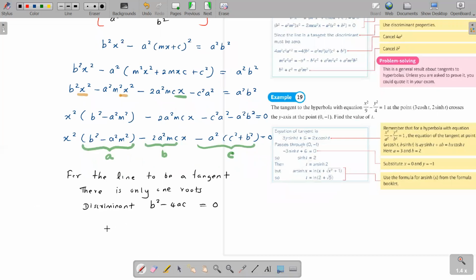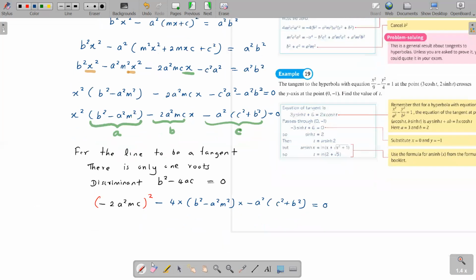So b square. Now remember here, b is minus 2a square mc, okay. So minus 2a square mc, all squared, minus 4 times a, which is (b square minus a square m square), times c, which is minus a square times (c square plus b square). Do you agree with my working? When I open the bracket, when you square a minus, it's a positive.